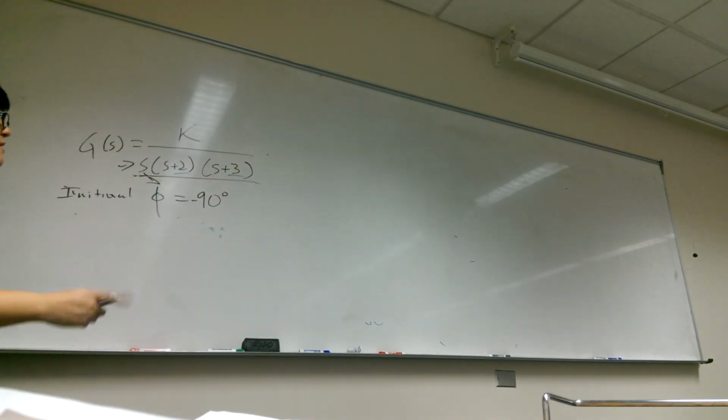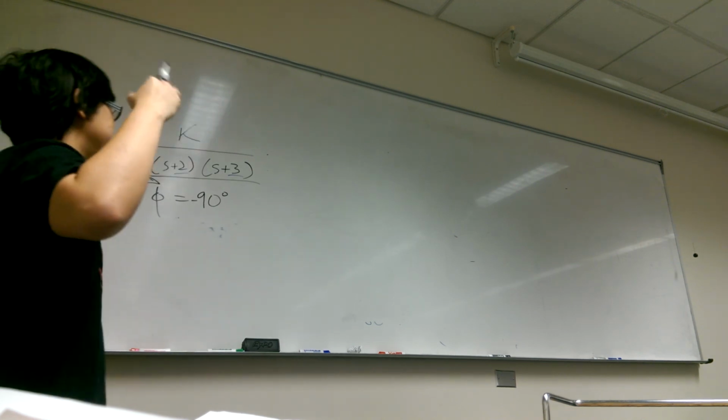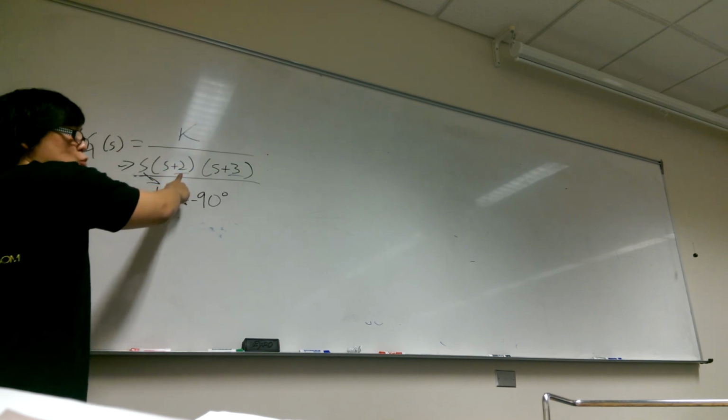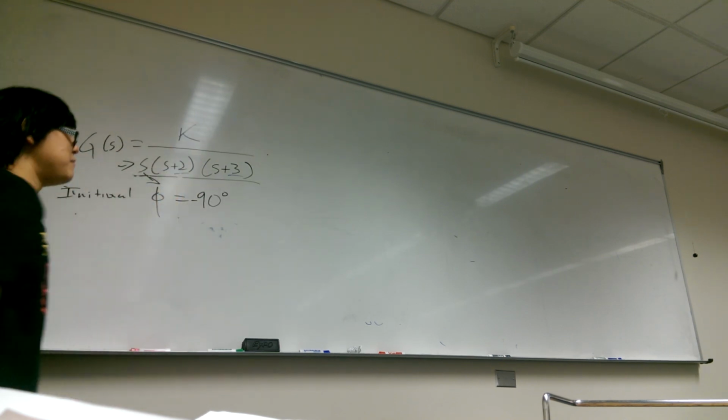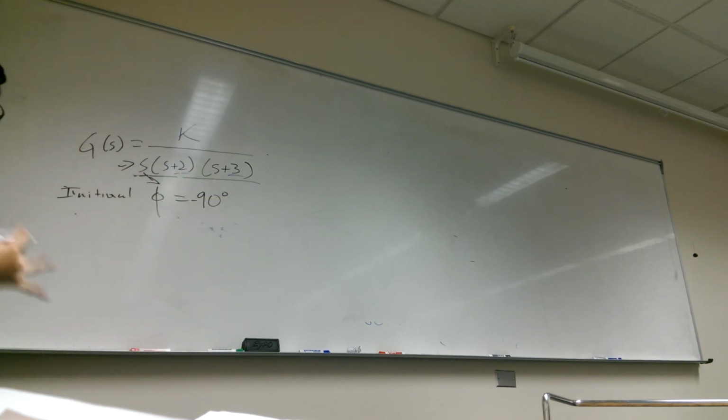So the effect on the phase starts basically 1 decade below this and 1 decade above this. That means whatever numbers you have here, you divide by 10 and multiply by 10, and all those frequencies should appear on your phase table.